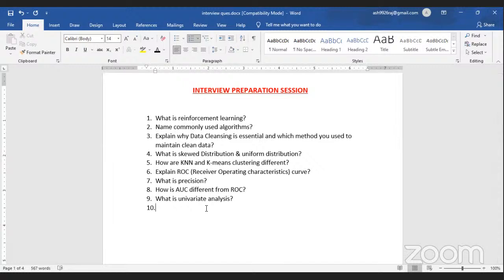Now move to the next question. Explain cluster sampling technique in data science.